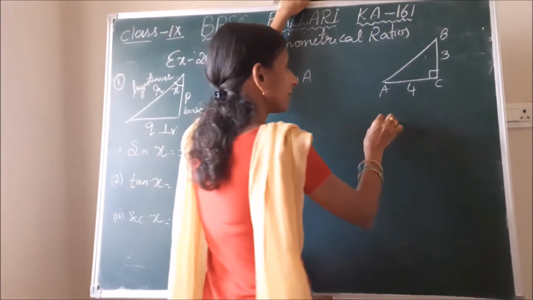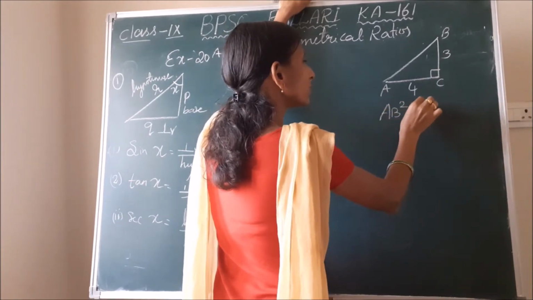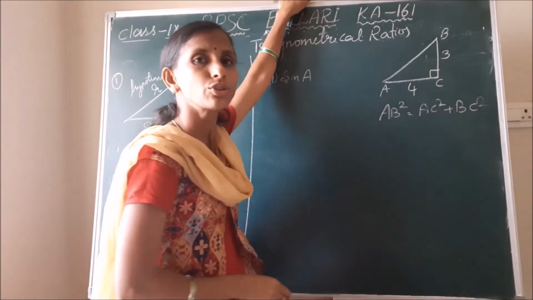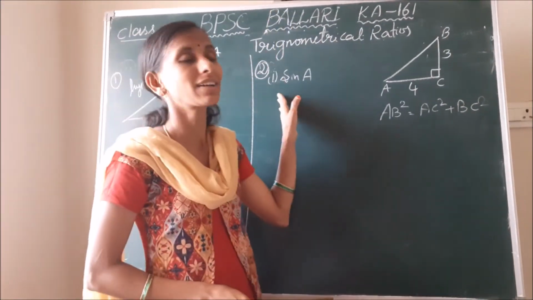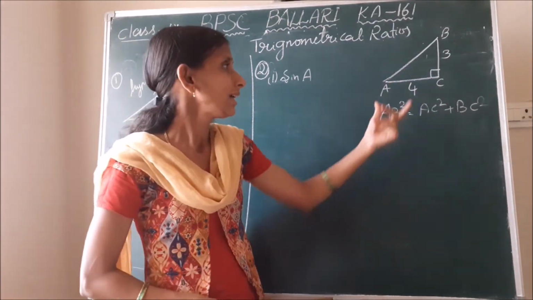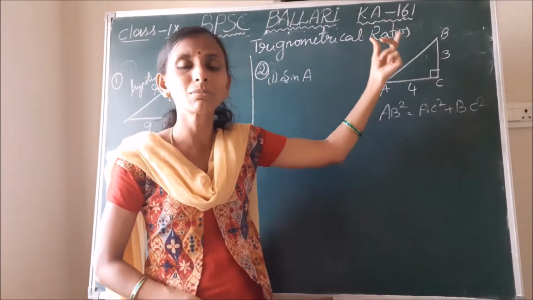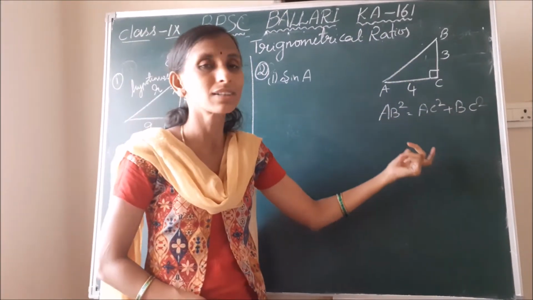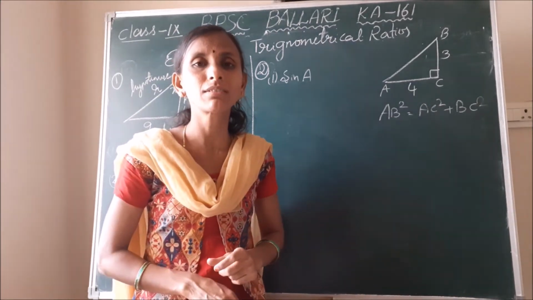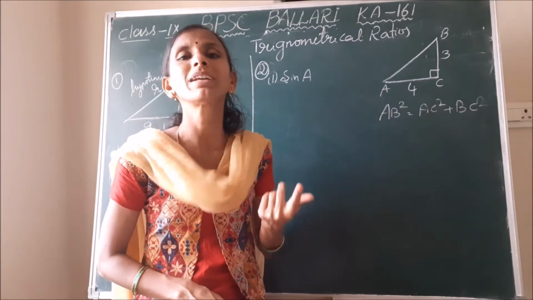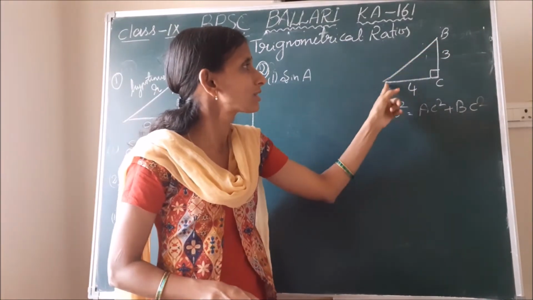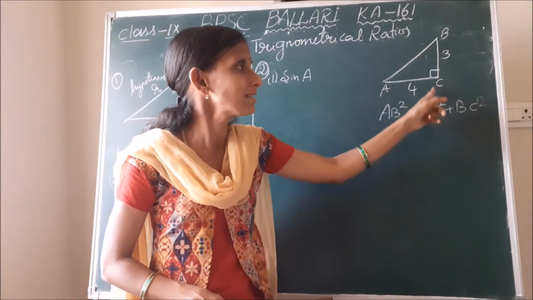In order to find these trigonometrical ratios, first you have to find the three sides of the triangle. Here they have given two sides, and we will find the third side using the Pythagoras theorem.